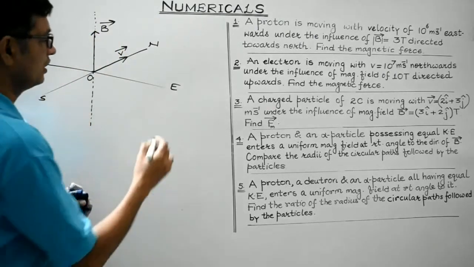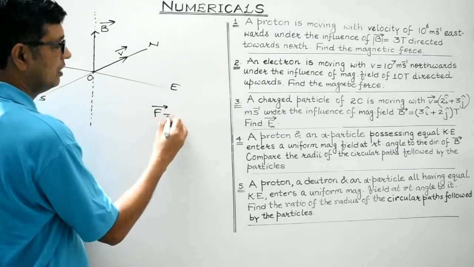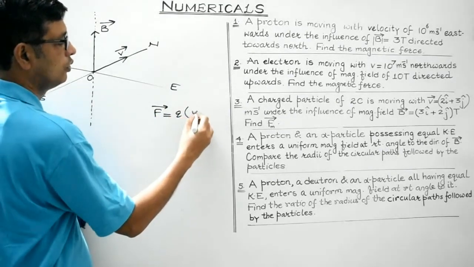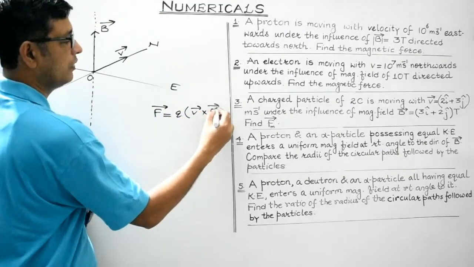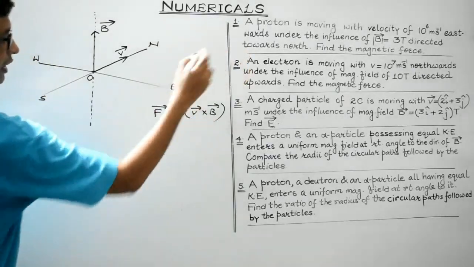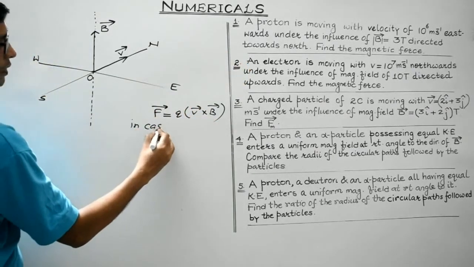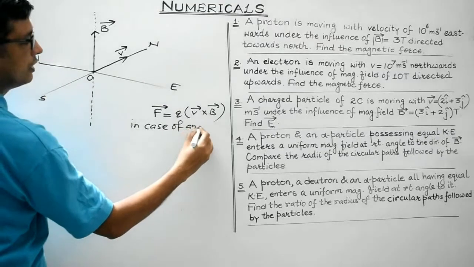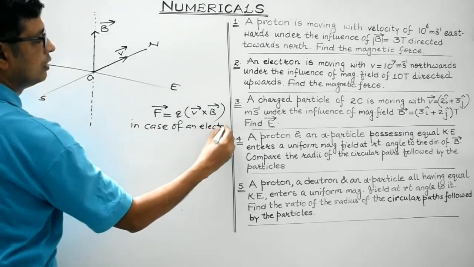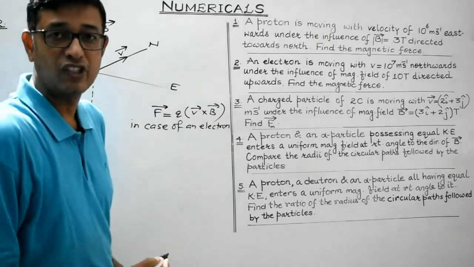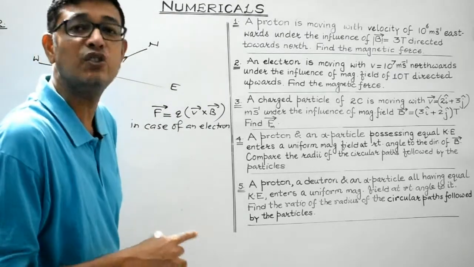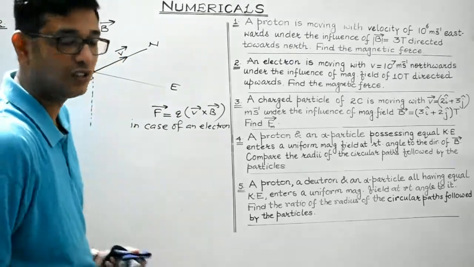Now we are aware, students, F vector is equal to q v vector cross B vector. Now this is the case of an electron. It's a negatively charged particle. It carries a charge of minus 1.6 into 10 raised to minus 19 coulomb.